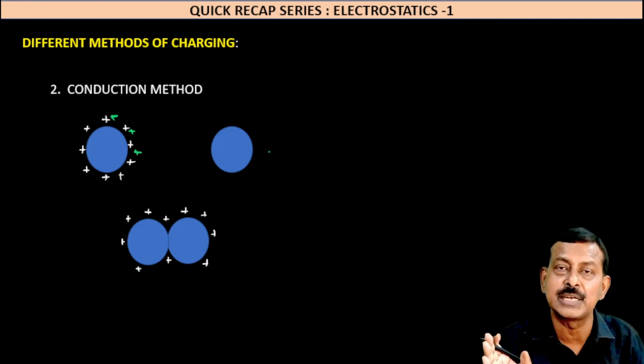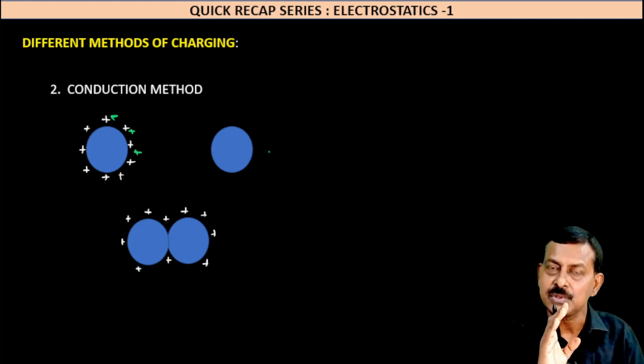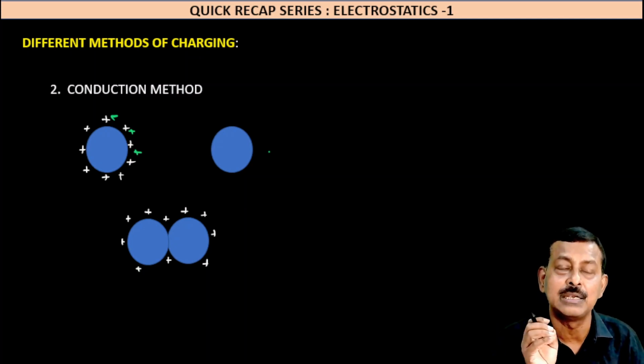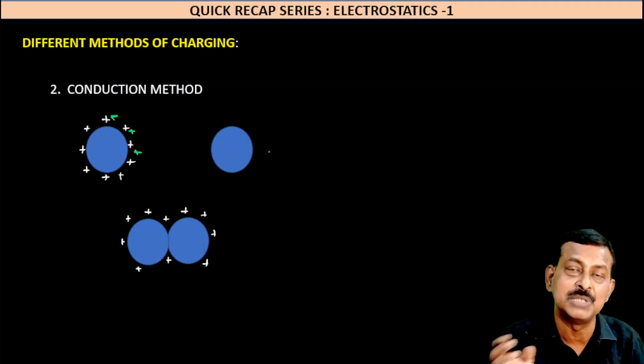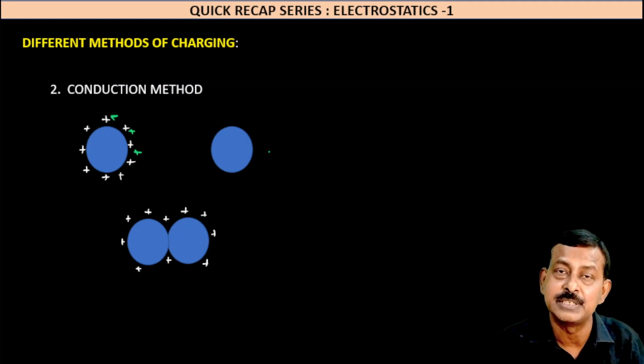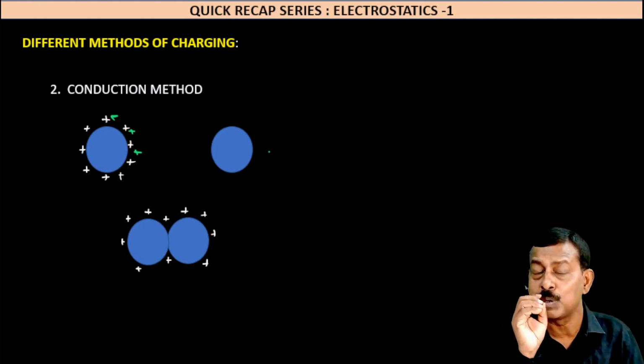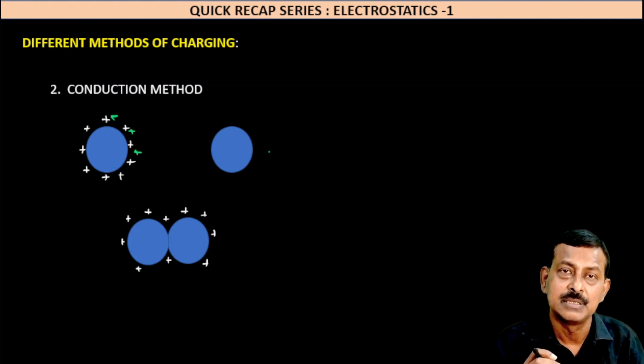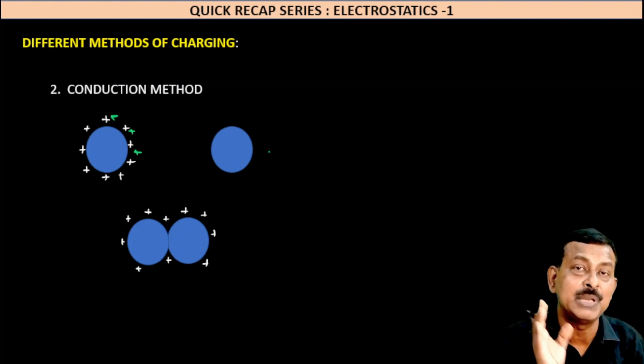Once the potentials are equal, there will be no further change of charge, and at that moment the two bodies will have different amounts of charge if their sizes are different. So this is the conduction method. And one more thing to remember: by the conduction method, the bodies acquire the same nature of charge.